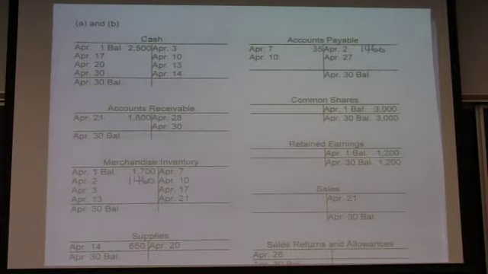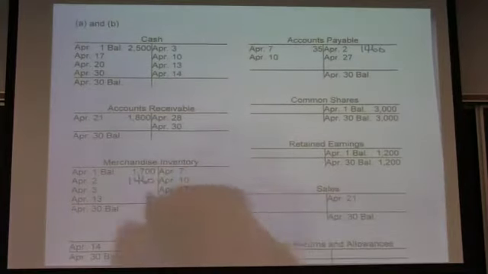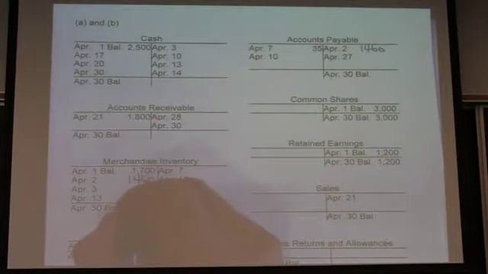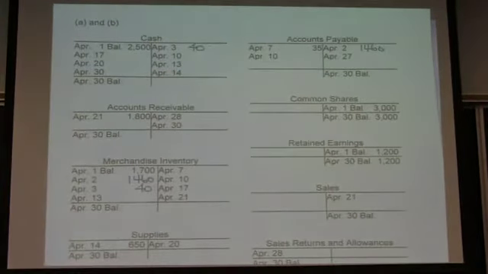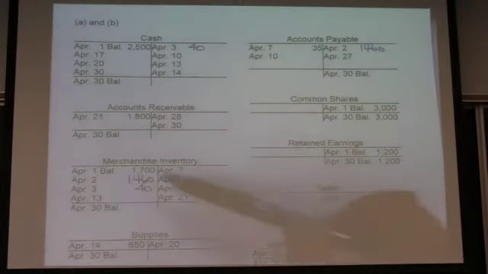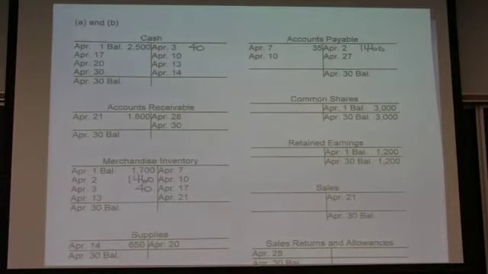April 3rd, we paid the shipping charge. So it's debit inventory, $40, and credit cash, $40. Now you'll notice that if this was a periodic inventory system, you would have different T accounts for purchases, purchase returns and allowances, and transportation in.